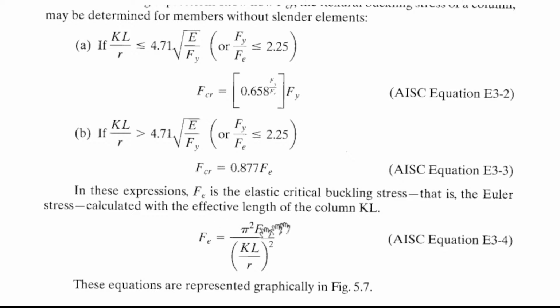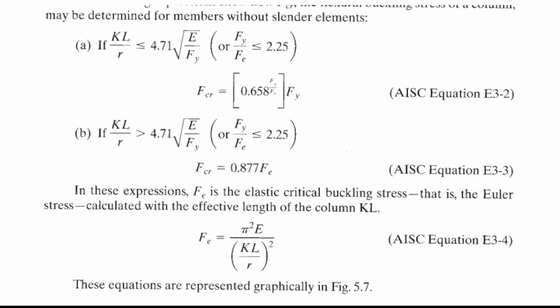This is the Euler formula. This is the modification: rather than L over r, we have KL over r. Do you follow? So Fe multiplied by 0.877 gives us Fcr.